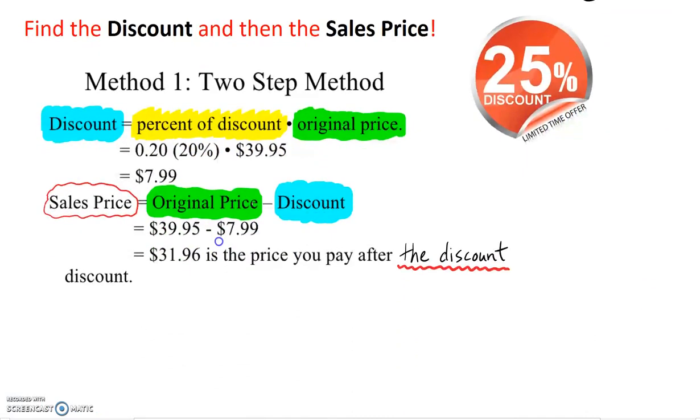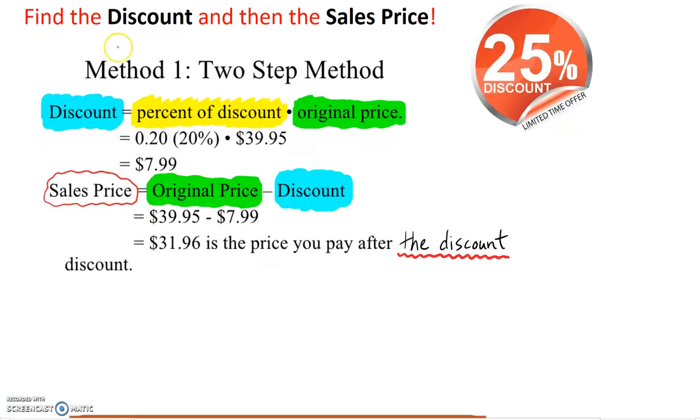Let's take a look at a second example of finding a discount, and then even the sales price. A lot of times you go to the store and you see 25% off, and how do you actually figure out what that discount is?